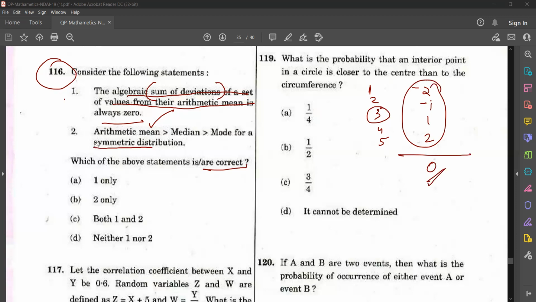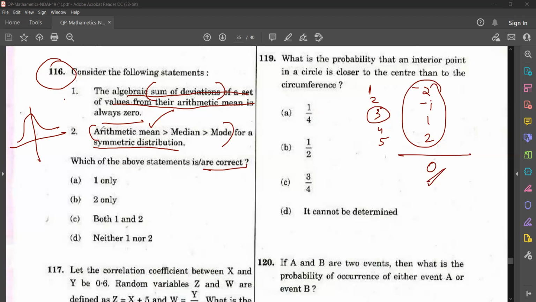Now, for a symmetric distribution, they have given the relation arithmetic mean greater than median greater than mode. That is wrong, isn't it? Why? Because for a symmetric distribution, the graph would look like this. That means on both sides you will be getting equal portions of the curve. Such a kind of distribution is called symmetric.